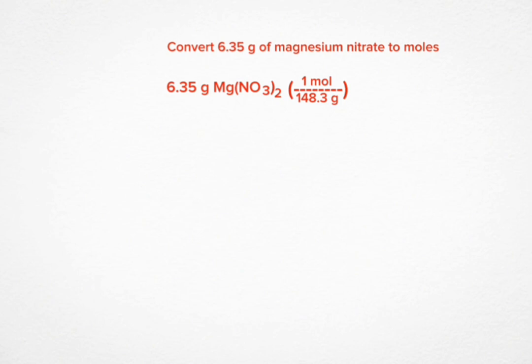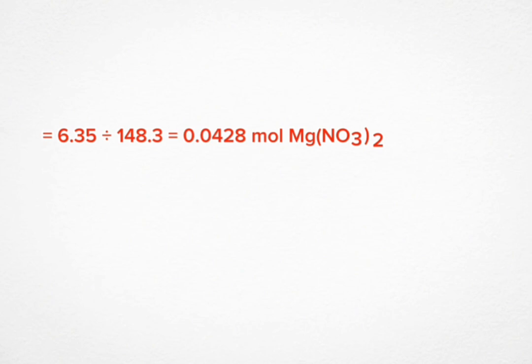So let's go ahead and use the molar mass to solve some mole conversion problems. Let's convert 6.35 grams of magnesium nitrate to moles. We will solve the problem exactly the same way that we converted grams of lithium. First, write down the quantity that we know, 6.35 grams of magnesium nitrate. Next, multiply this by a conversion factor fraction.